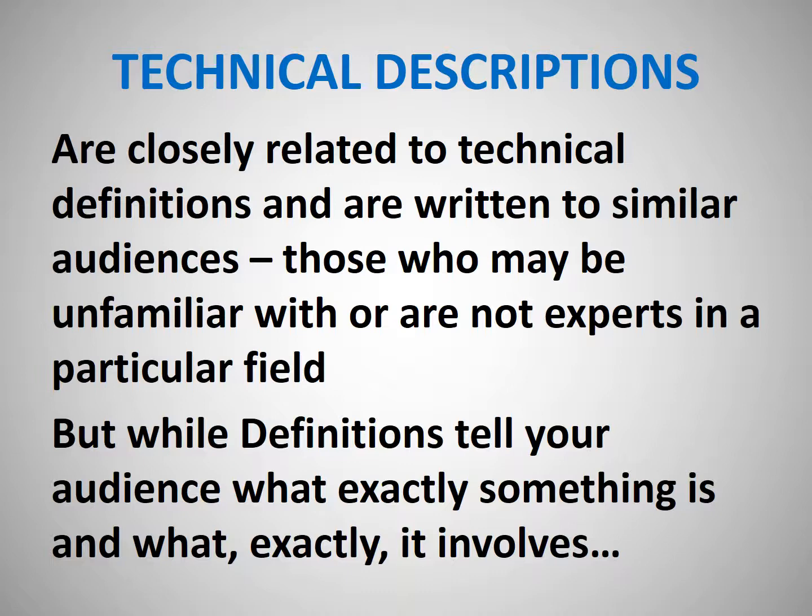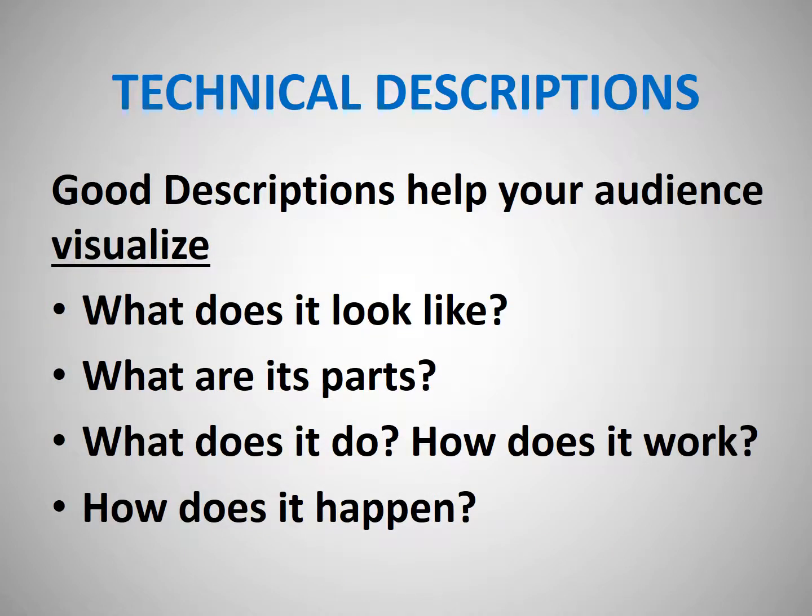So, while definitions are meant to tell your audience what exactly something is and what exactly it involves, technical descriptions, good, strong technical descriptions, help your audience see the thing you're describing, to visualize what does it look like, what are its parts, what does it do, how does it work, how does it happen.